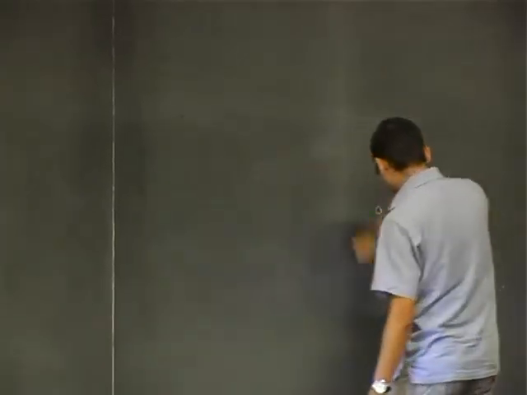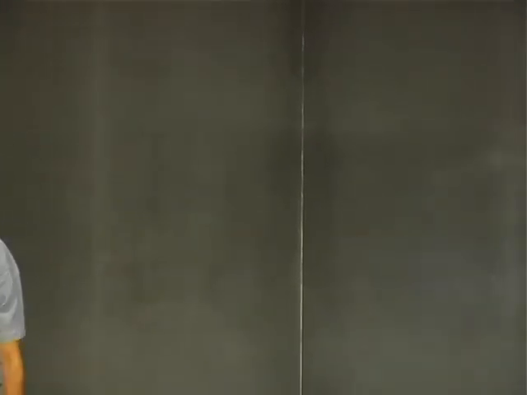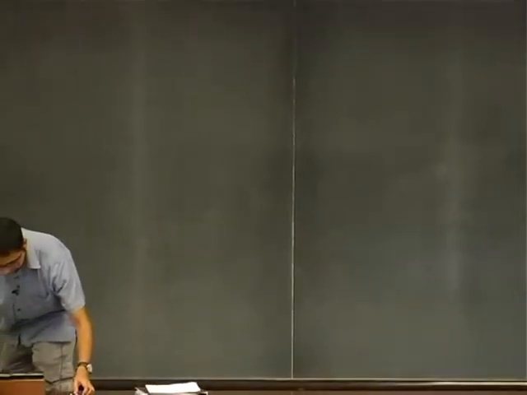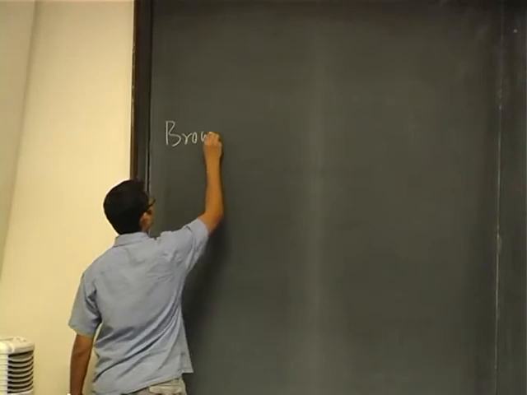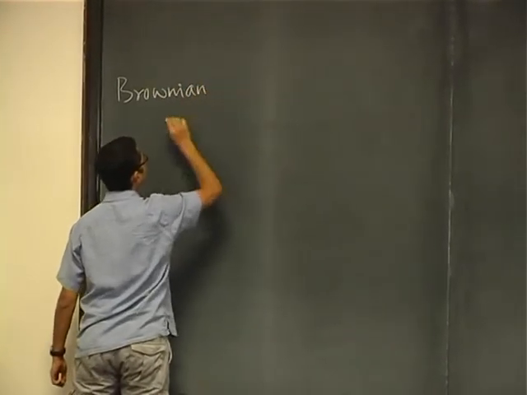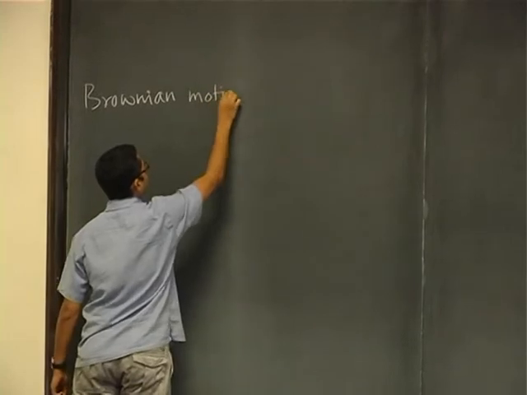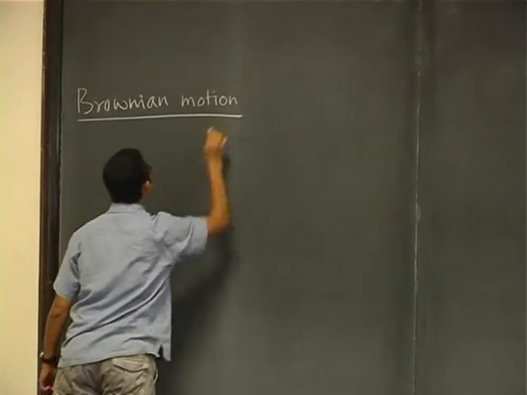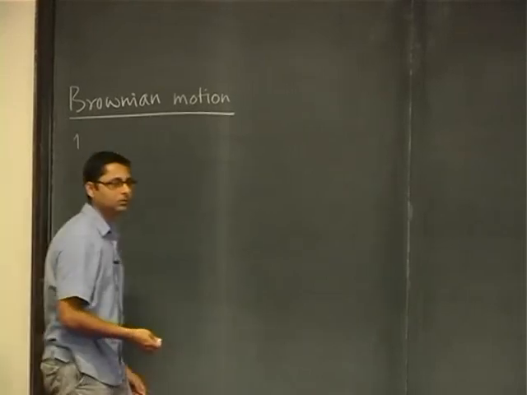So yesterday we talked about Brownian motion. In Brownian motion we showed that the diffusion coefficient is related to some parameters of the medium.